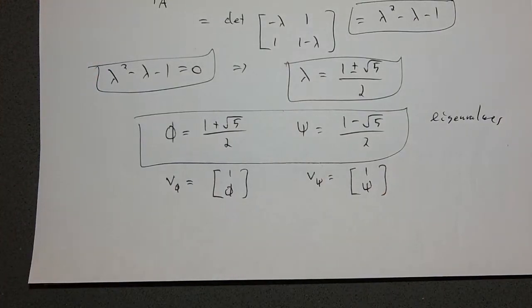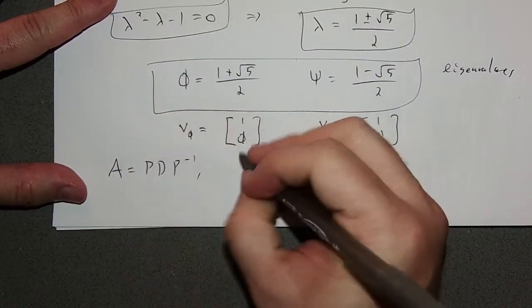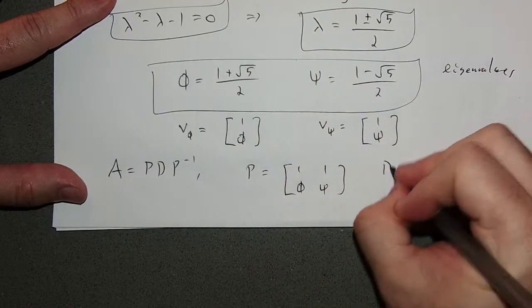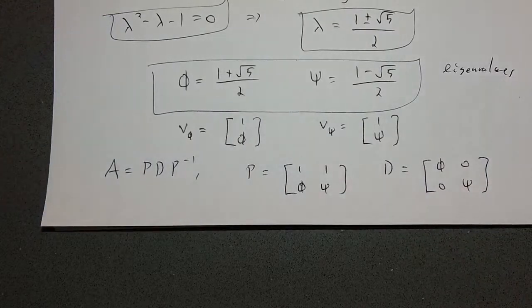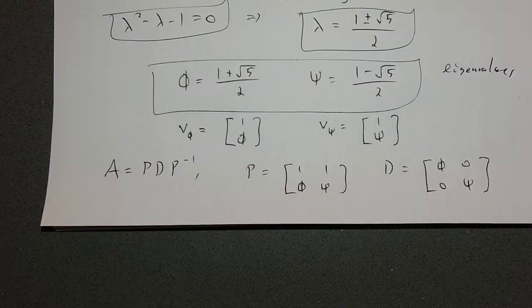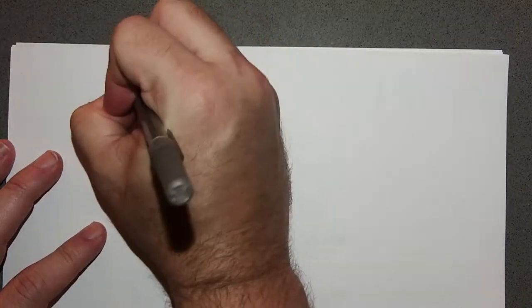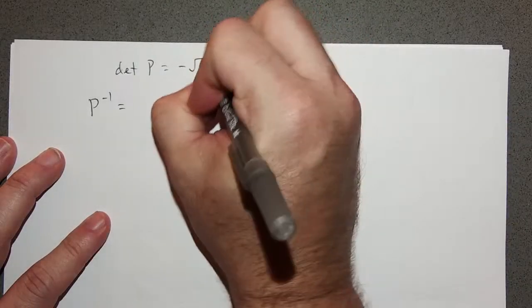Okay. So diagonalizing A is P D P inverse, where P is the matrix 1, 1, phi, c, and D is the matrix phi, 0, 0, c. Right? That P inverse you can find very quickly using the inverse formula for 2 by 2's, and the fact that the determinant of P is equal to minus square root of 5.